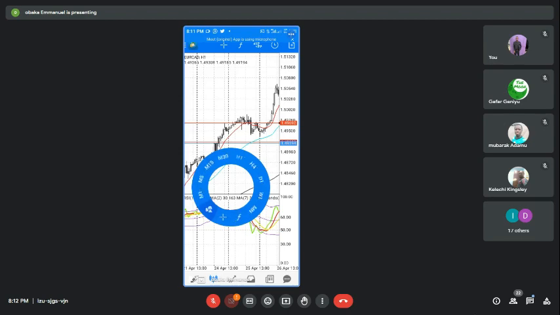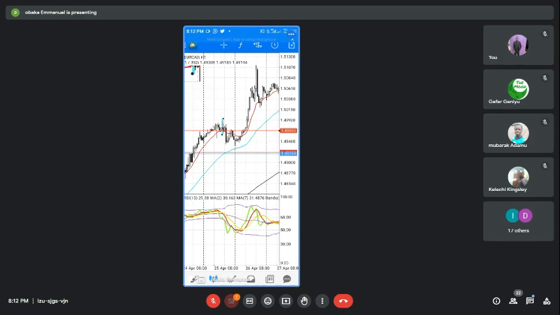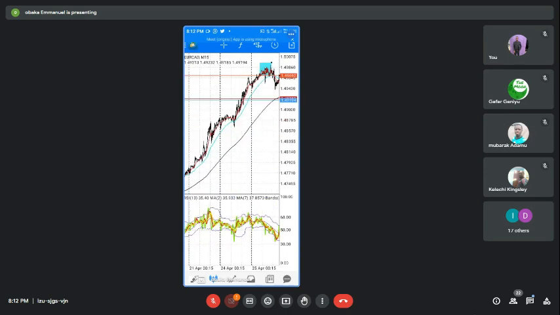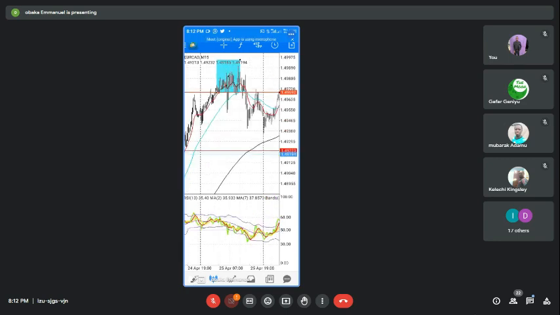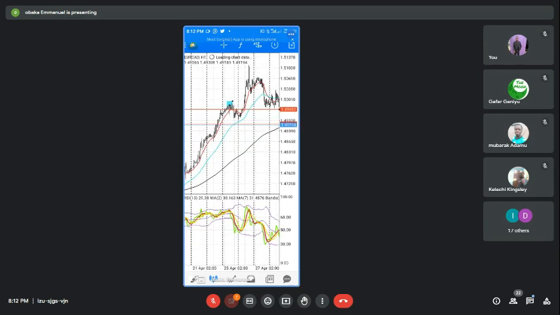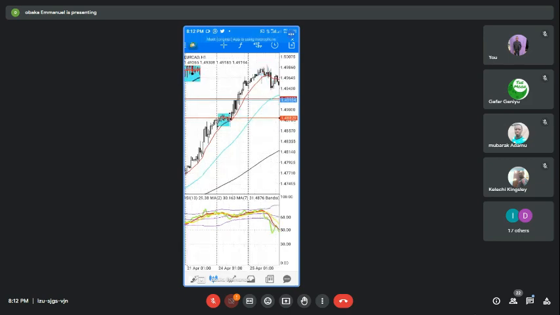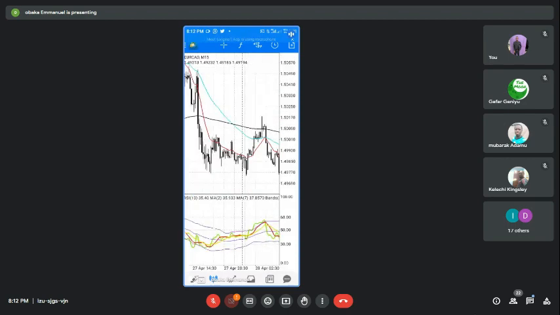Let me see if I can get there on M15. No, this is not it. I think it should be here. Yes, this is it. I'm now talking about the type 3 entry setup.